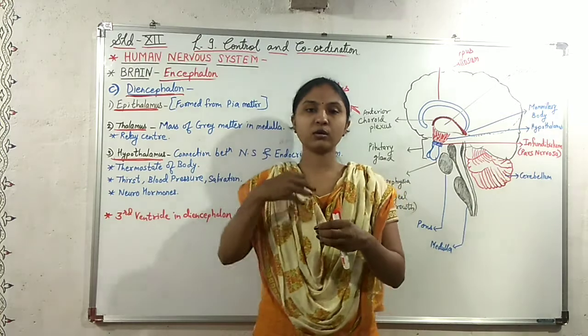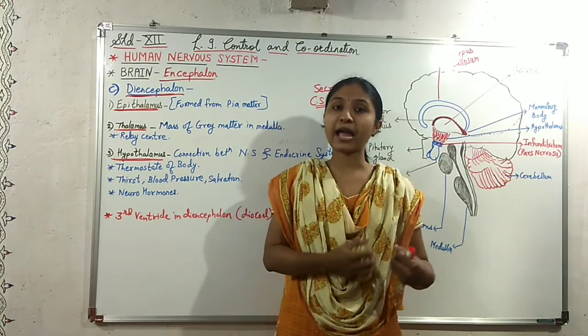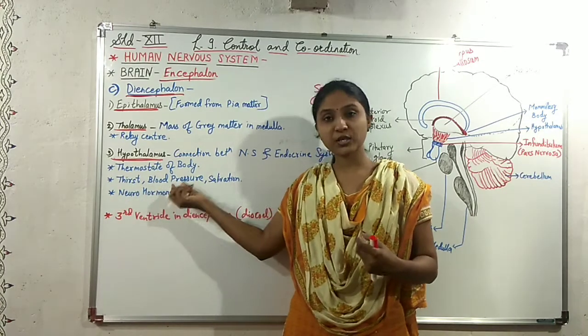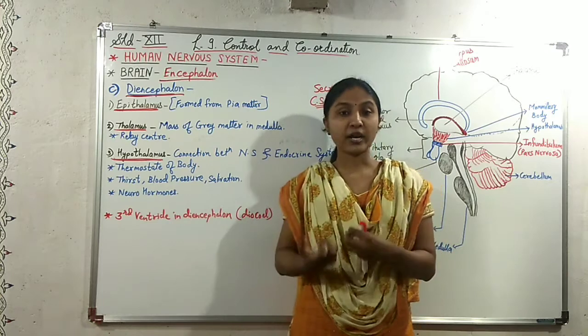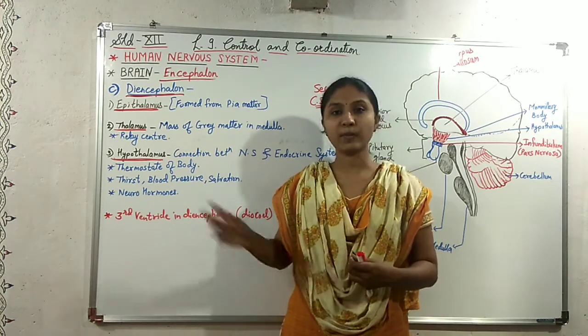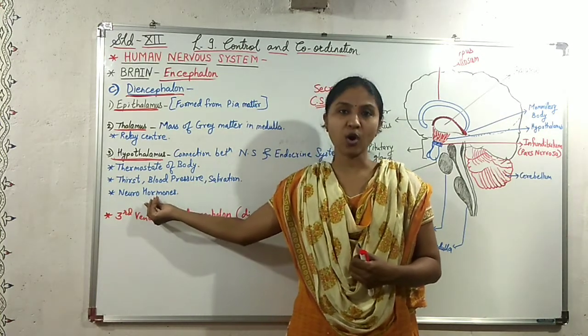It also controls involuntary activities like thirst, blood pressure, salivation, sweating, etc. So these involuntary activities are also controlled by the hypothalamus. And it also secretes the neurohormones.